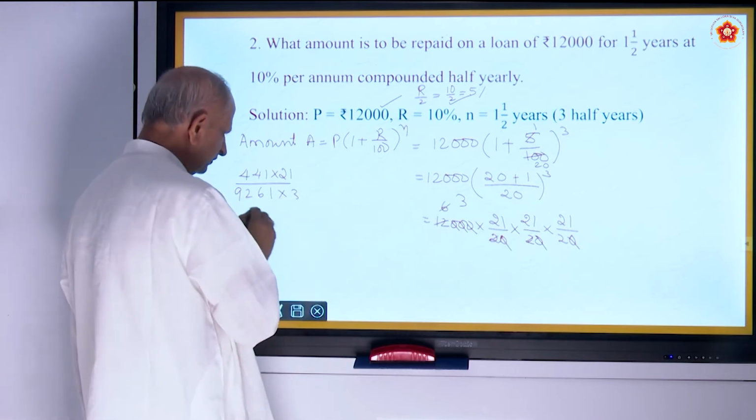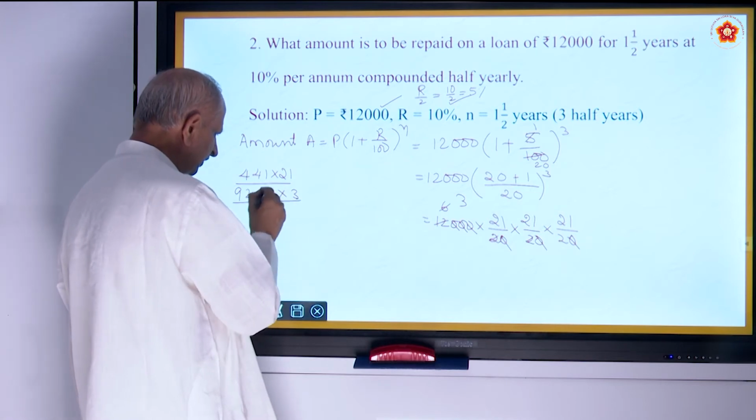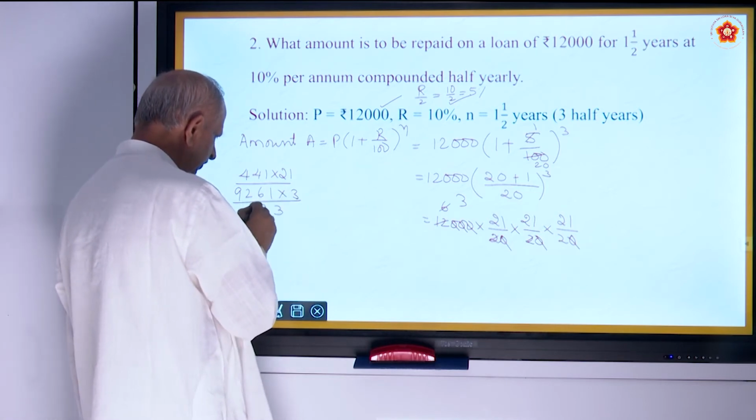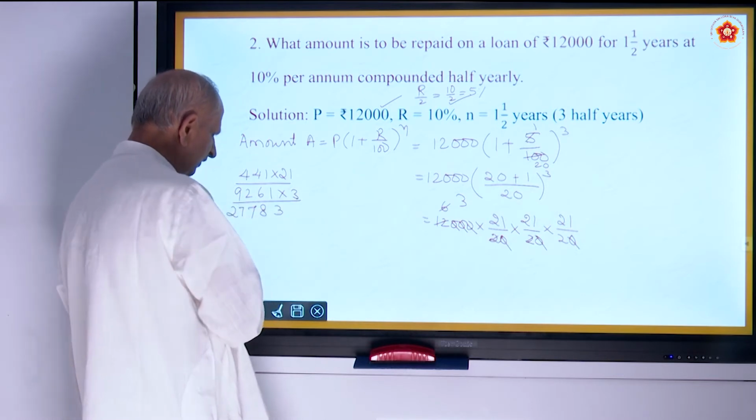Here there is 3. So into 3 becomes 3 ones are 3, 3 sixes are 18, 3 twos are 6, 3 nines are 27.